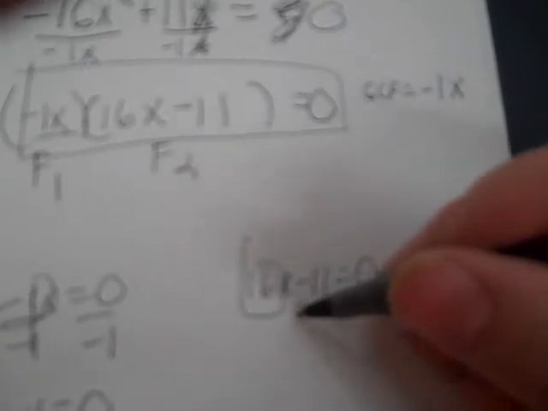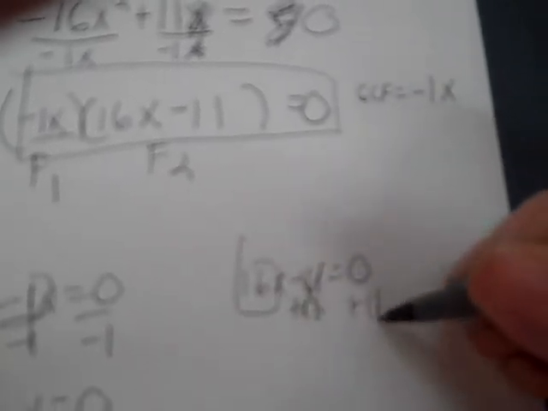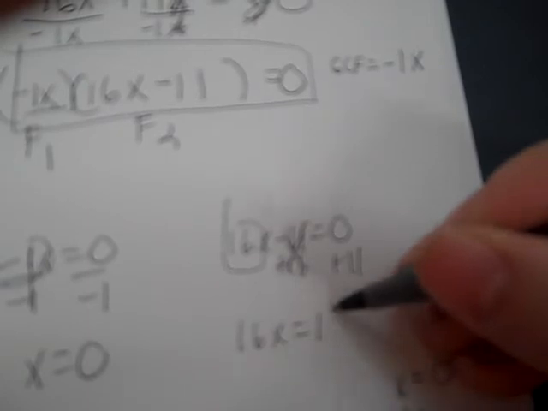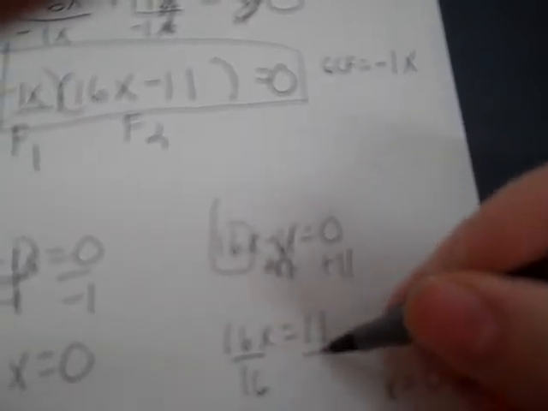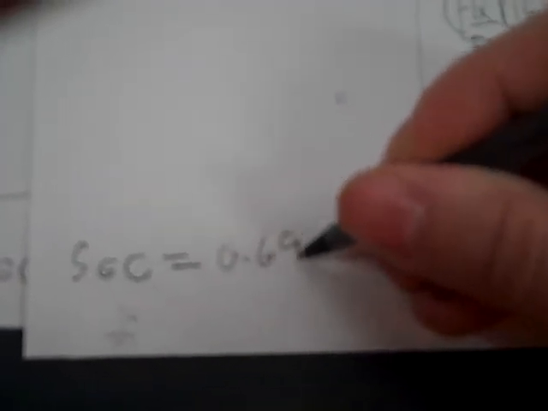X is 0. And I plus 11 to both sides. 16x equals 11. And 11 divided by 16 would be 0.68, but it'd go to 0.69. Okay, 0.69 is the true answer.